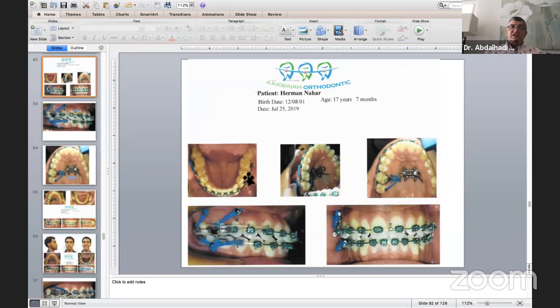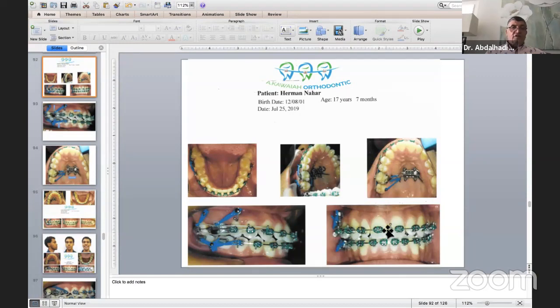This is the 25th of July, 6 months after. I continue by putting elastics, joining them to a TAD in the upper and in the lower right side and to the palatal side. So I continue, but can you see the midline is almost there?